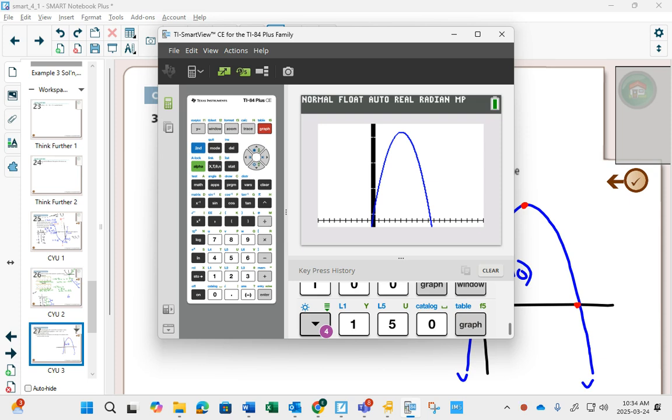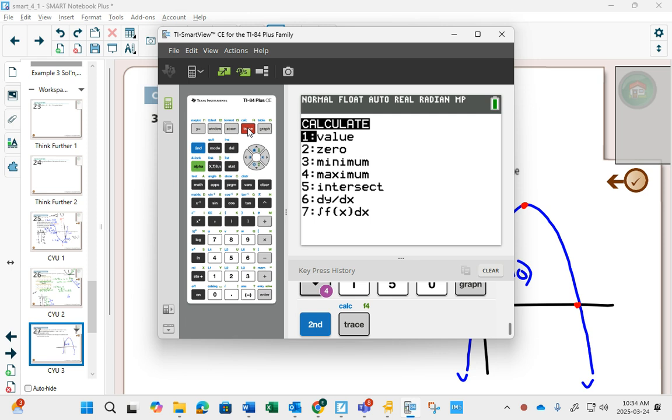So you push the second button, and then push the trace button to get to calculate. And these are all the things you can calculate on a graph. You can calculate a value. So we could have put 0 in for x and found out 10. We can find zeros. We're going to use that to find our x-intercepts. And we can find minimums and maximums.